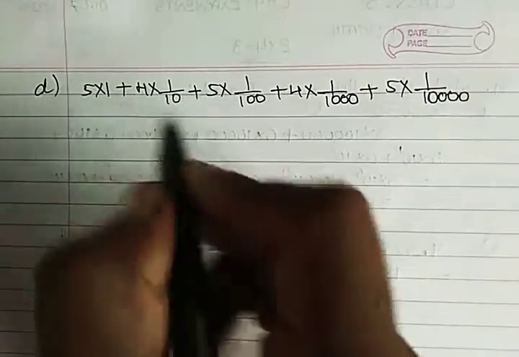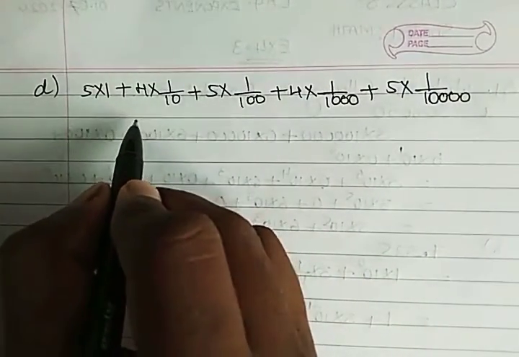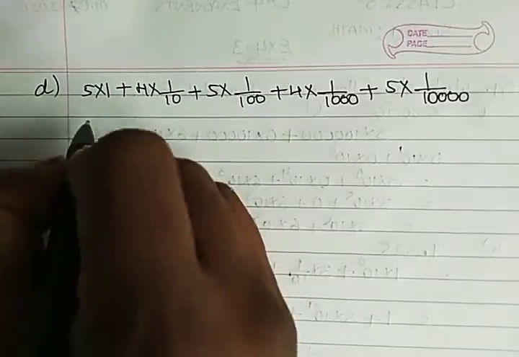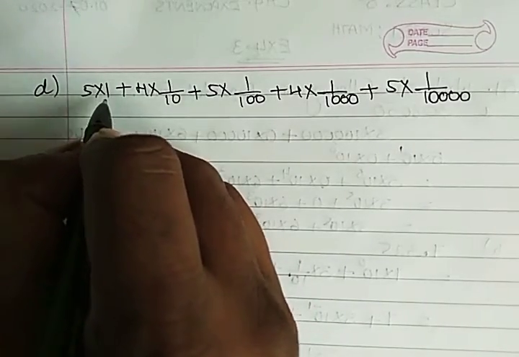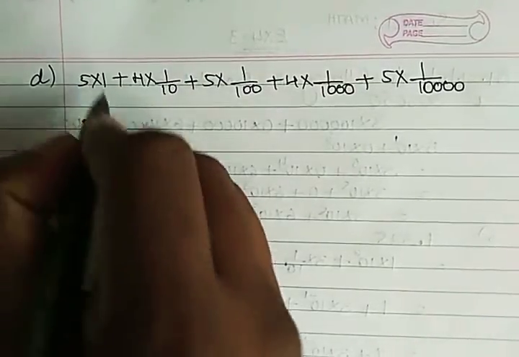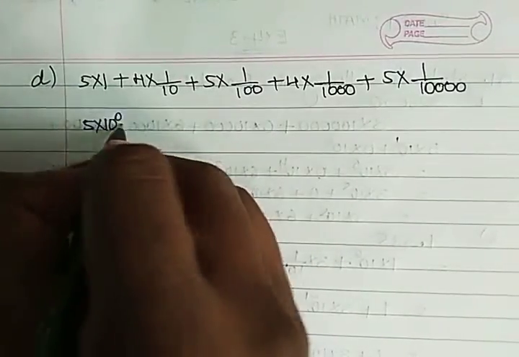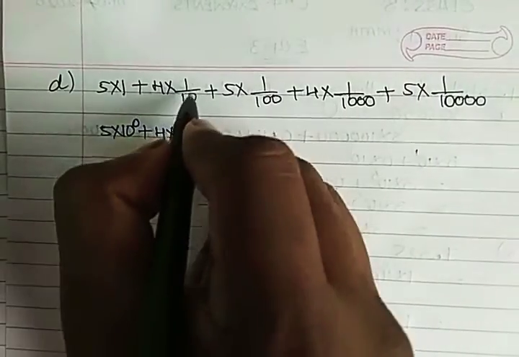Here this question is given in the expanded form. So we need to convert it into the usual form. Anything power 0 is equal to 1, so we can write 5 into 10 power 0, plus 4 into 1 by 10.